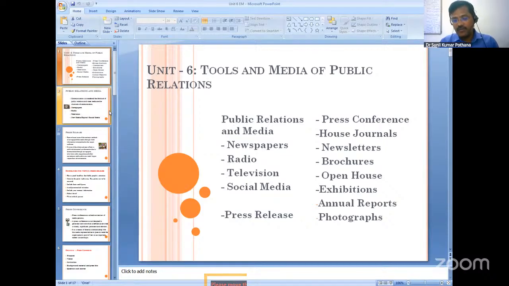To repeat again: to release a press release, to conduct a press conference, to produce house journals, newsletters, brochures, to conduct open house, to conduct exhibitions, and to release annual reports. All these are tools for the public relations officer.